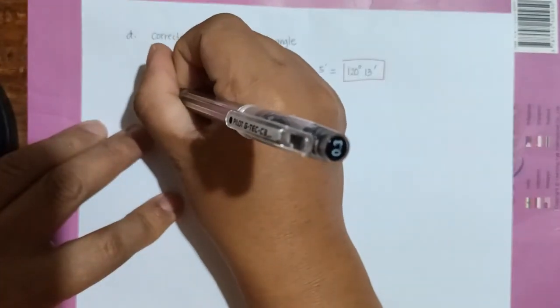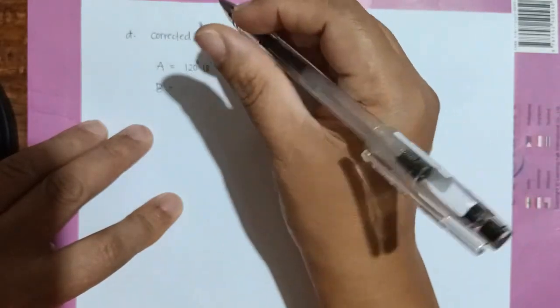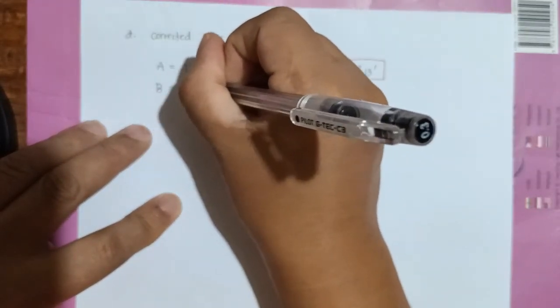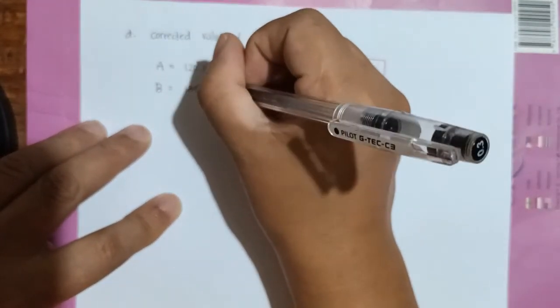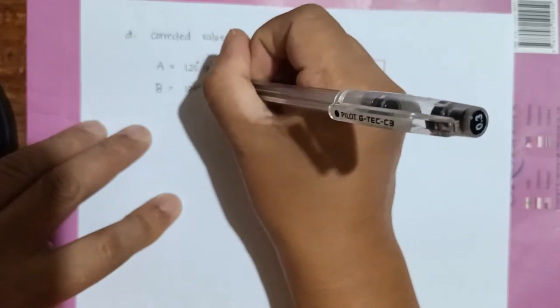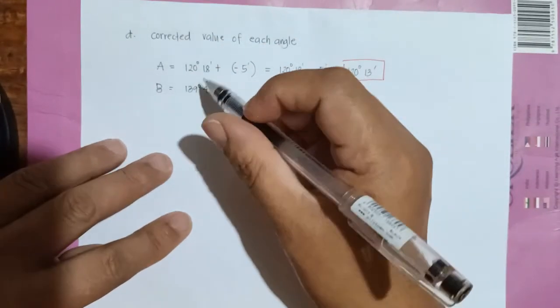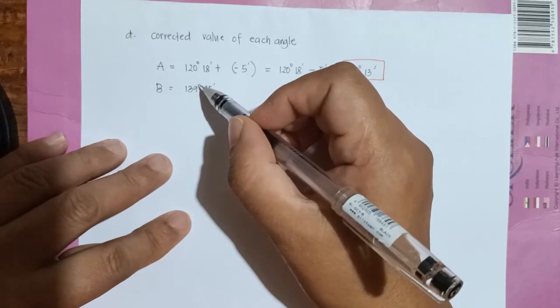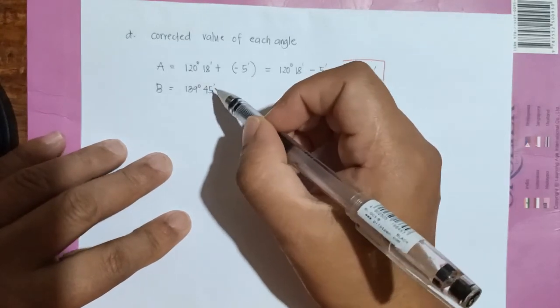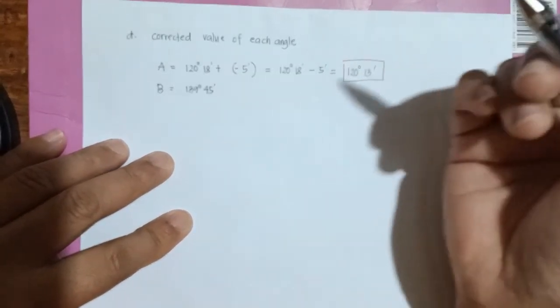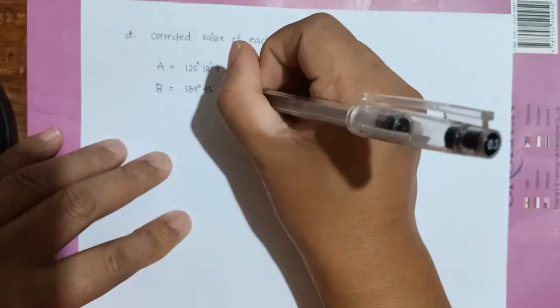For angle B, same process, you have 139 degrees, 45 minutes. By the way, our symbol for degrees is the superscript circle, and for minutes it is the single quotation mark. So you have plus a negative 5 minutes.